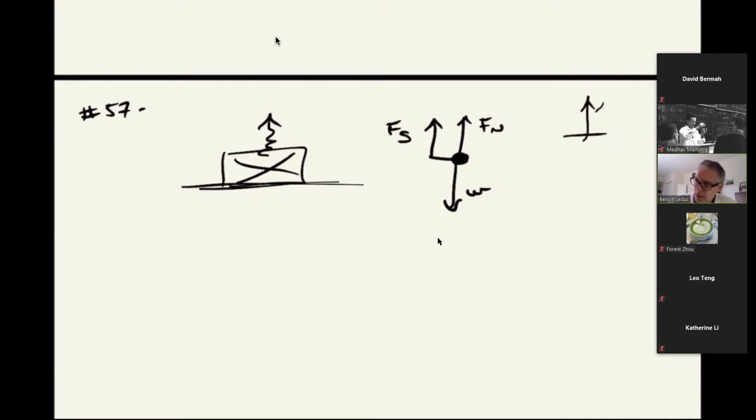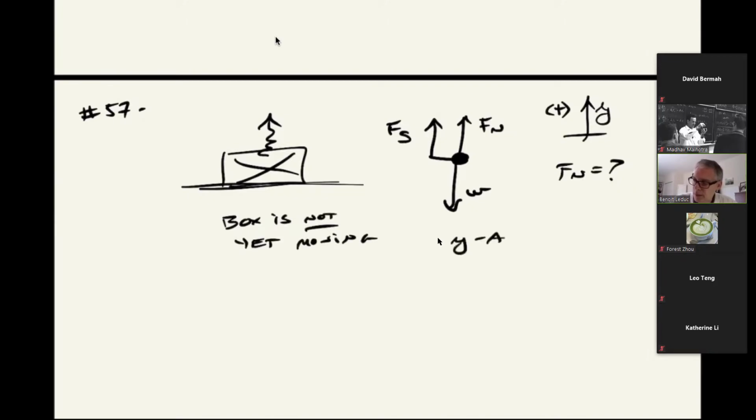So once again, let's put this as positive right here. And you have to assume, of course, that the box is not moving. It's not yet moving, all right? So if it's not yet moving, then the forces are all balanced, so it's going to be 0, right?